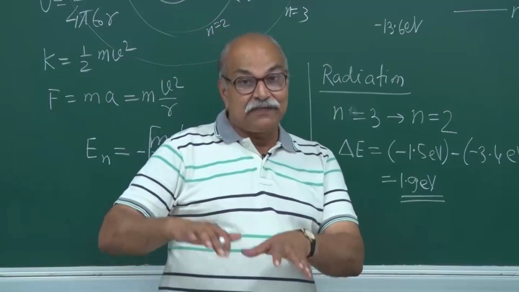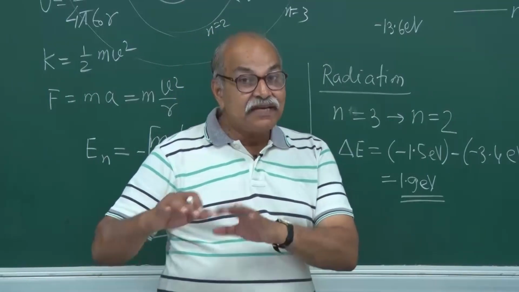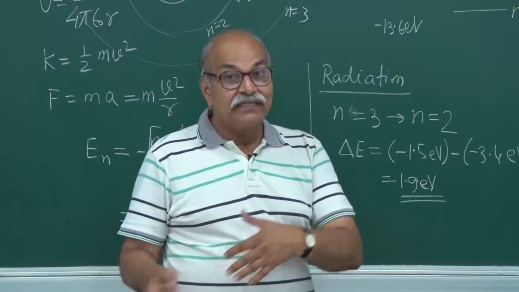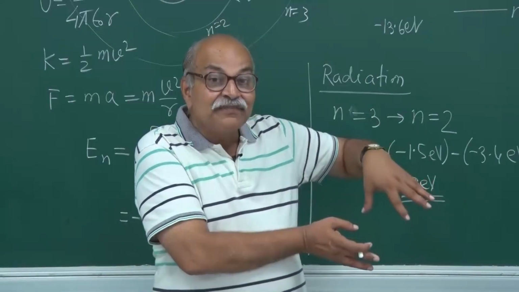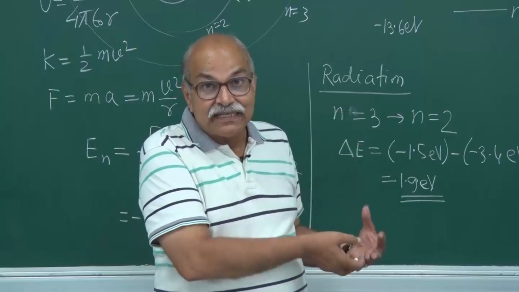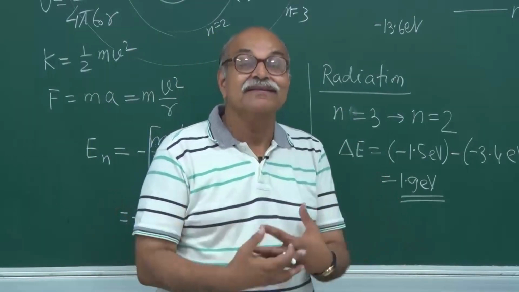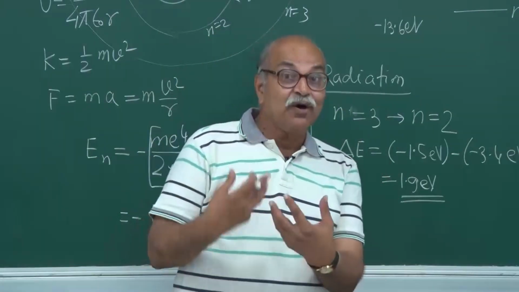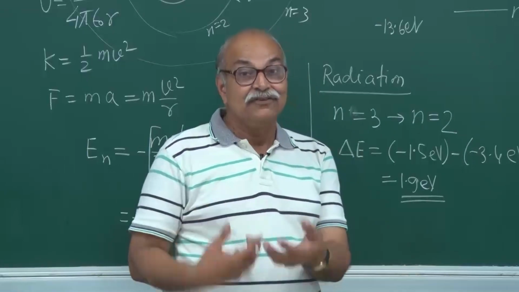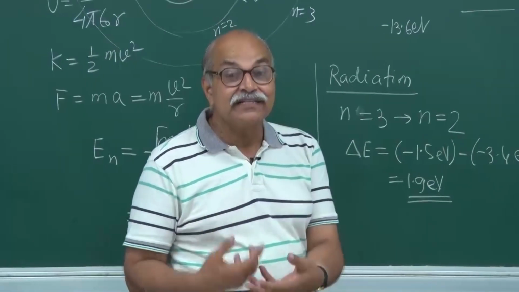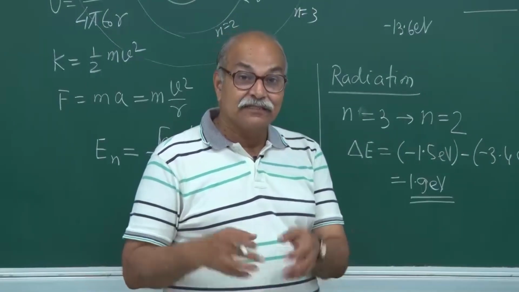So wavelength and frequency, which are wave characteristics, and energy and linear momentum, which are particle characteristics, are both interrelated. The same entity, which we call radiation or light, has photons.